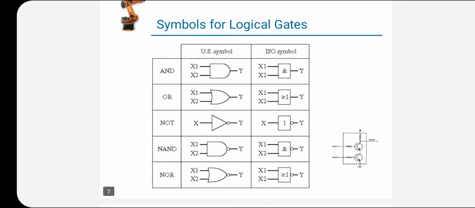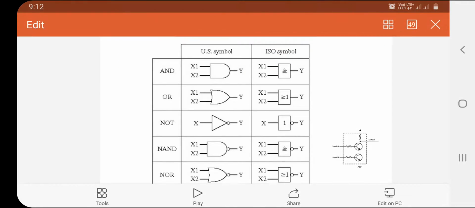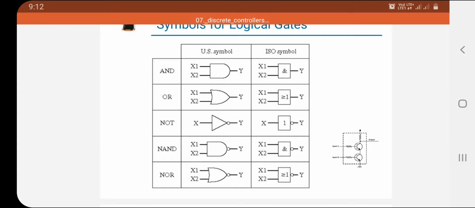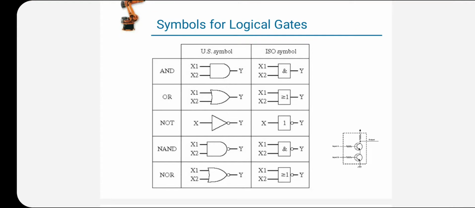Okay, so these are some symbols, US symbols and ISO symbols for different gates. The first symbol is an AND gate symbol, then OR gate symbol, NOT gate symbol, NAND gate symbol, and NOR gate symbol. See carefully, the small circle at the tip before Y represents NOT, NAND and NOR, which gives the reverse output.